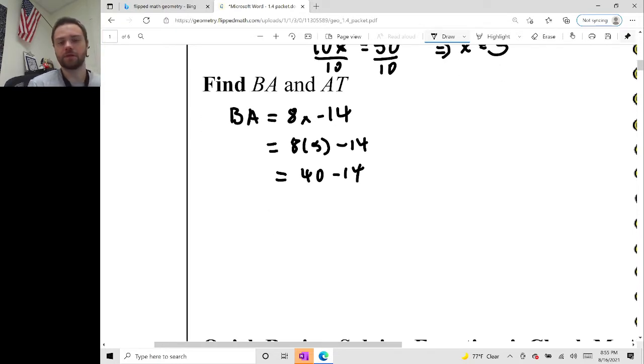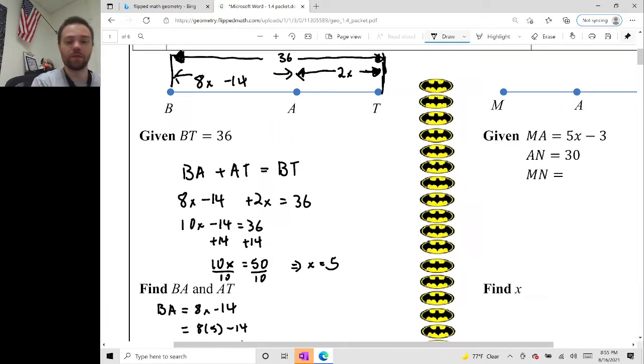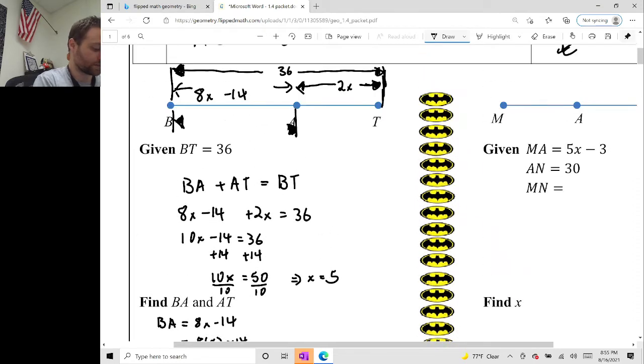That's going to be 30 minus 4, so 26. So it's kind of like a puzzle. I figured out that the distance from B to A is 26.